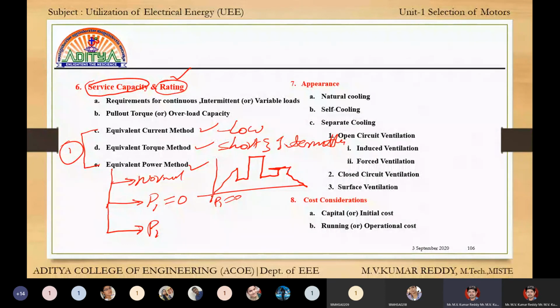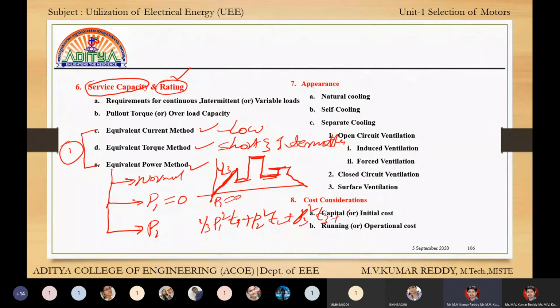Whenever a slope is formed, we have to multiply by 1 by 3. That means 1 by 3 P1 squared T1 plus, this is normal, P2 squared T2. Next one also normal, P3 squared T3.